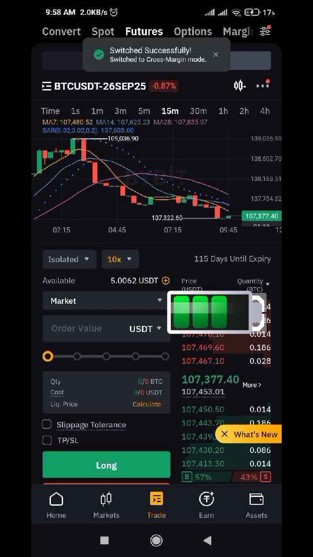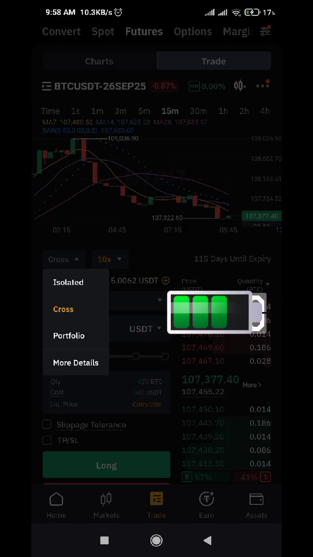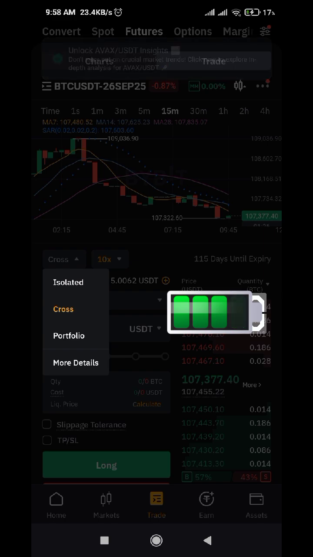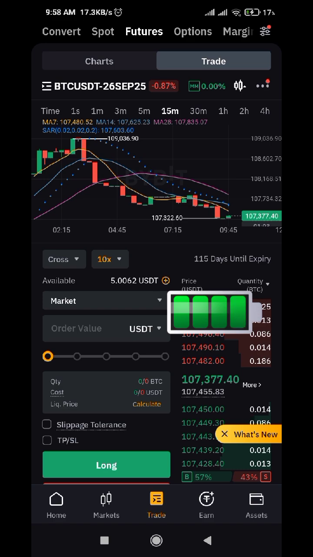When you are picking cross, that means you are telling this particular trade that when the trade goes to minus and it passes over 100%, it can take from your capital that is still in your spot or your funding, and not in your unified trading. When it takes from there, it is going to be refilling maybe until the trade favors you, and if it's otherwise... Portfolio is the overall money that is in your system.